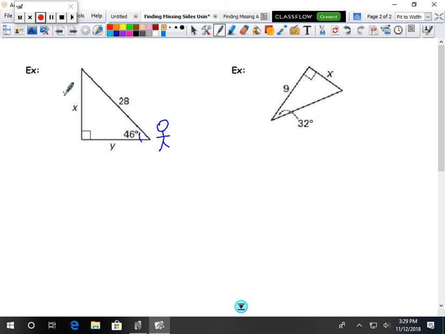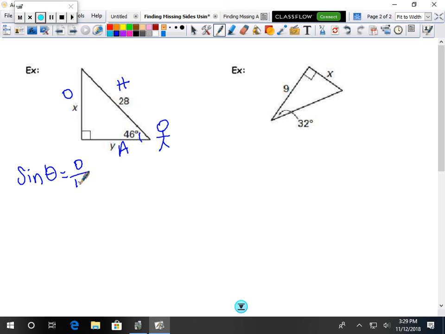I label x as O, y as A, and then across from the right angle, 28 would be H. So I know that I need to use H for both problems. Let's solve for x first. X is the opposite side, and I'm going to use hypotenuse. So that tells me I need to use the sine function first.